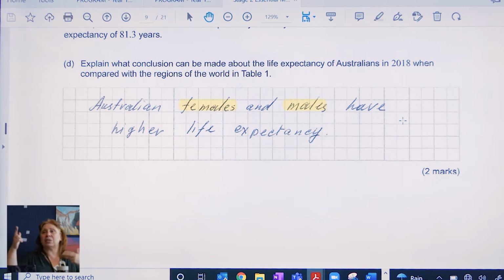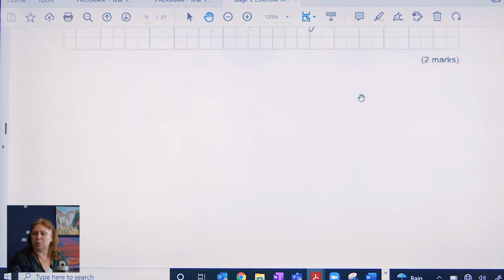Earlier, the question was about females and males in Australia being different, but here it's for both males and females, it's higher. Normally we want these two words, but some students wrote all Australians, so we gave them full marks for that as well. It's just being nice, but this is what we want to see.